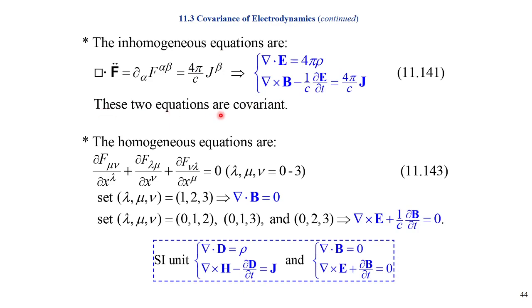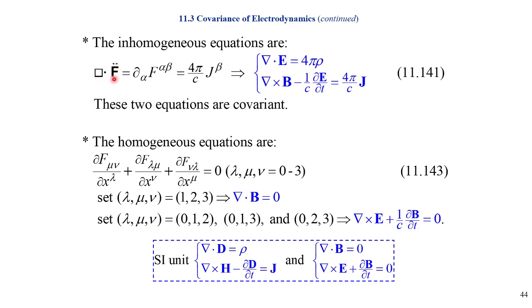These two equations are covariant. Of course, from here, the divergence of F. We know the divergence operator can operate on a tensor of the second rank, and it becomes a 4 tensor of the first rank.